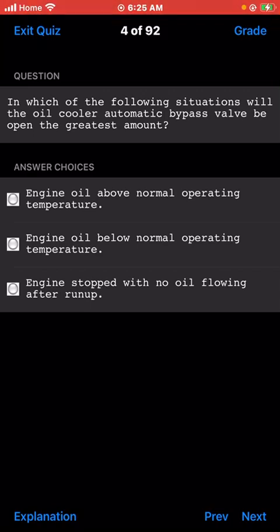As an aid to cold weather starting, the oil dilution system thins the oil with gasoline.